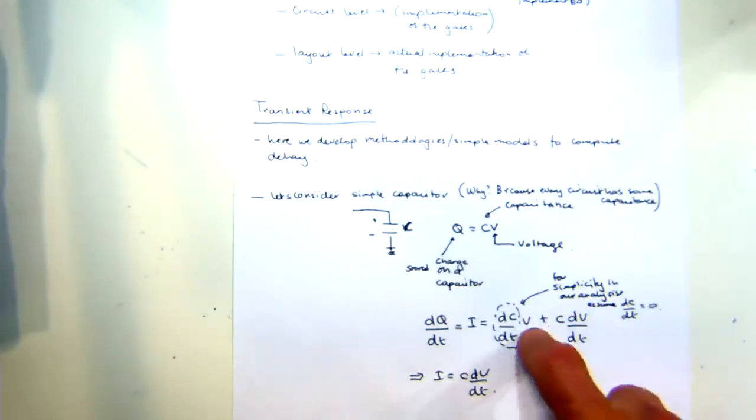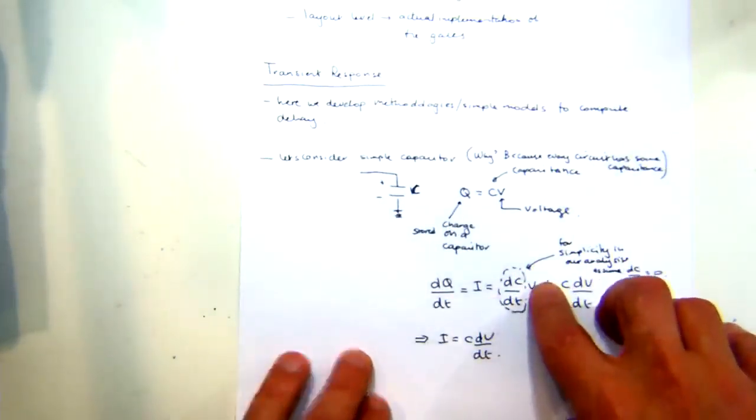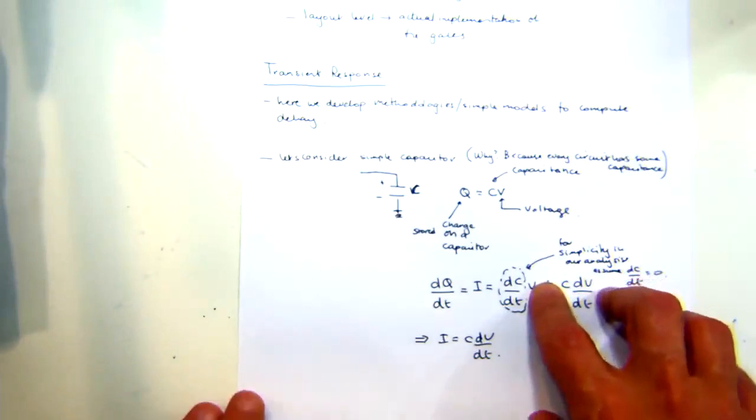Now, the truth of the matter is, when you've got a PN junction or a transistor, as you're changing the voltage, you're also changing its capacitance. So technically this isn't true, but for first order approximation, it's good enough for what we're trying to do in this course.